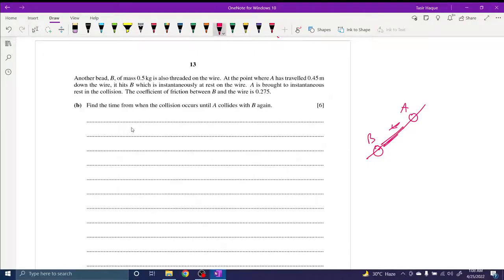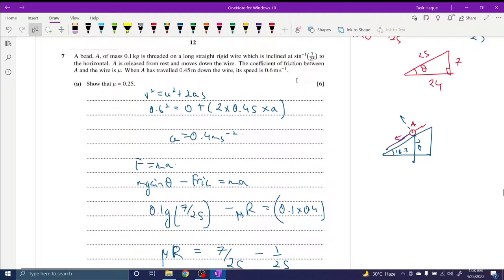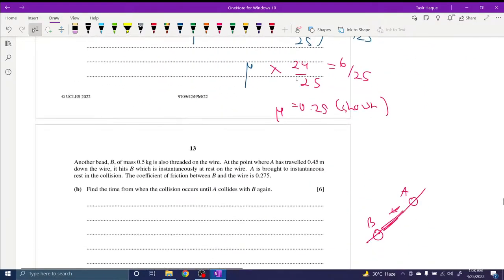So we can use conservation of momentum. Sum of momentum before collision is equal to sum of momentum after collision, right? So what's the velocity of A before collision? It was 0.6, right? 0.6 and mass is 0.1.